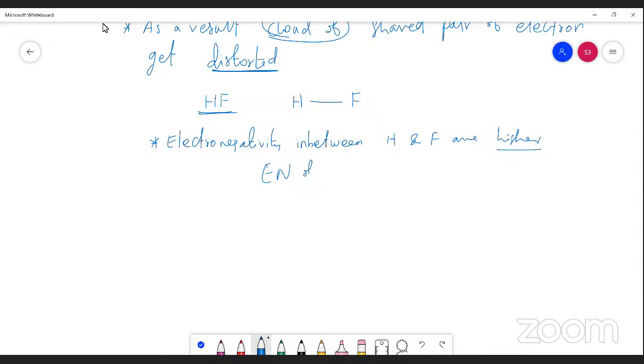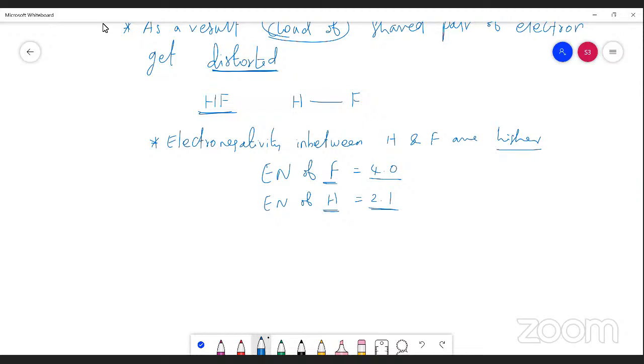This is because the electronegativity of fluorine is 4.0, and the electronegativity of hydrogen is 2.1.